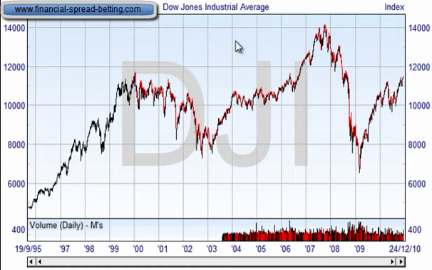The basic premise of Dow Theory is that there essentially are three stages to an uptrend, a bullish trend, and three stages to a bearish trend, a downward trend.